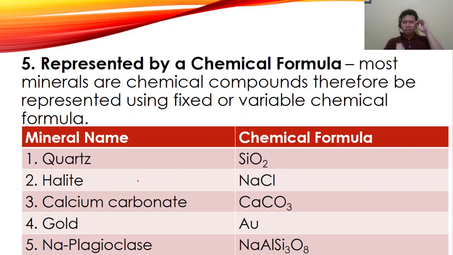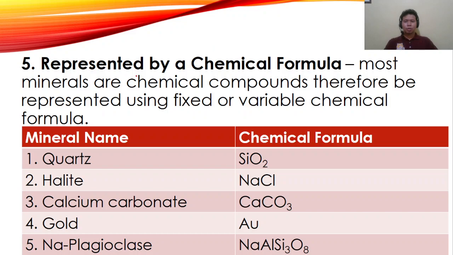Now, there are also different chemical formulas in a particular mineral. There are different chemicals present in different minerals. So the fifth property or characteristic of minerals is that they must be represented by a chemical formula.